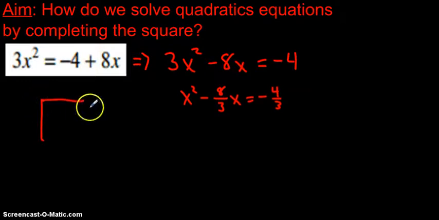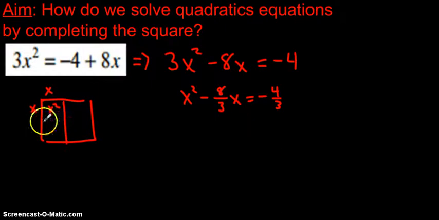So let's look at what completes this weird square. That's x and x. This is going to be half of 8 thirds, which is 4 thirds, so this is going to be 4 thirds x. That's 4 thirds, that's 4 thirds, making this 16 ninths.